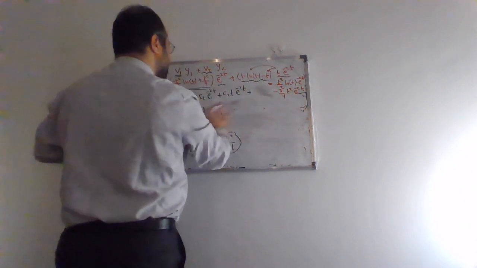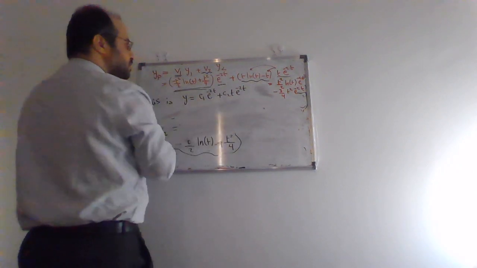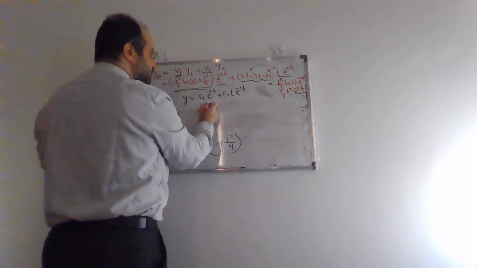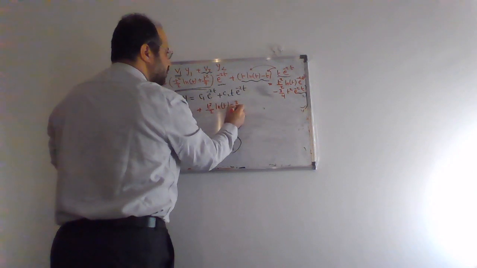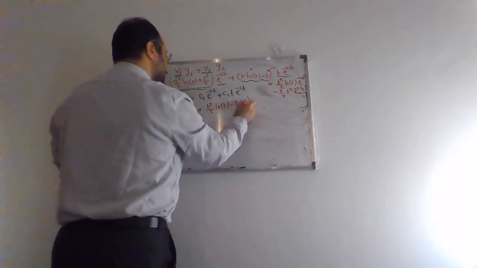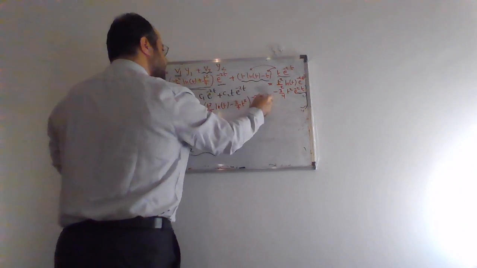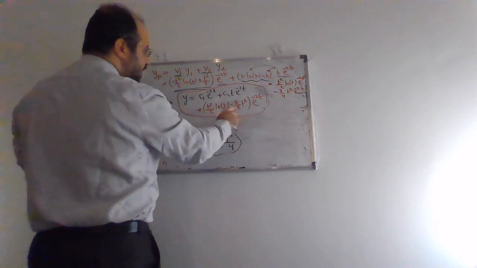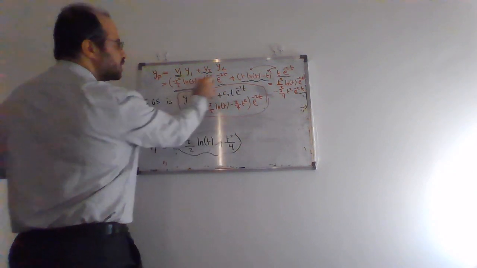So I can write the solution in the following way. It will be something like plus t squared over 2 ln of t minus 3 over 4 t squared, and here e to the minus 2t, right? So this thing is the general solution. I'm not 100% sure about the calculations here, but I'm sure that this thing will simplify.